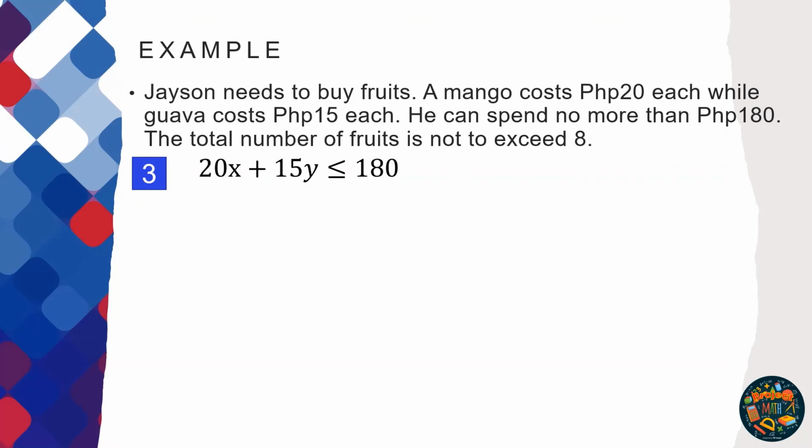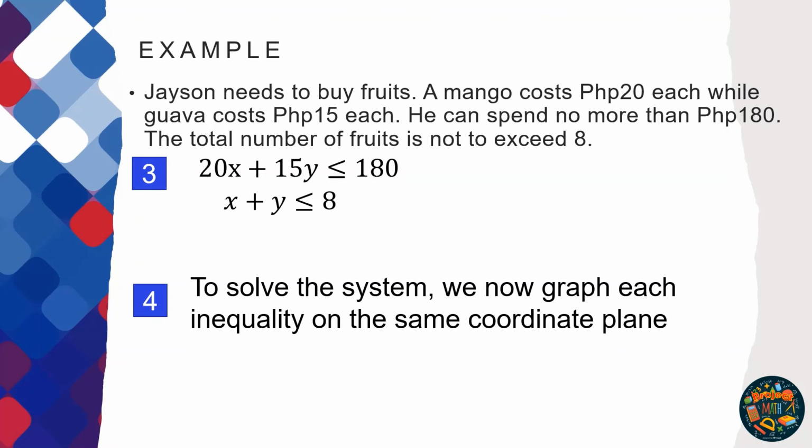And Jason can spend no more than 180 pesos. Then we have the number of fruits will not exceed 8. Then let us solve now the system of inequality.